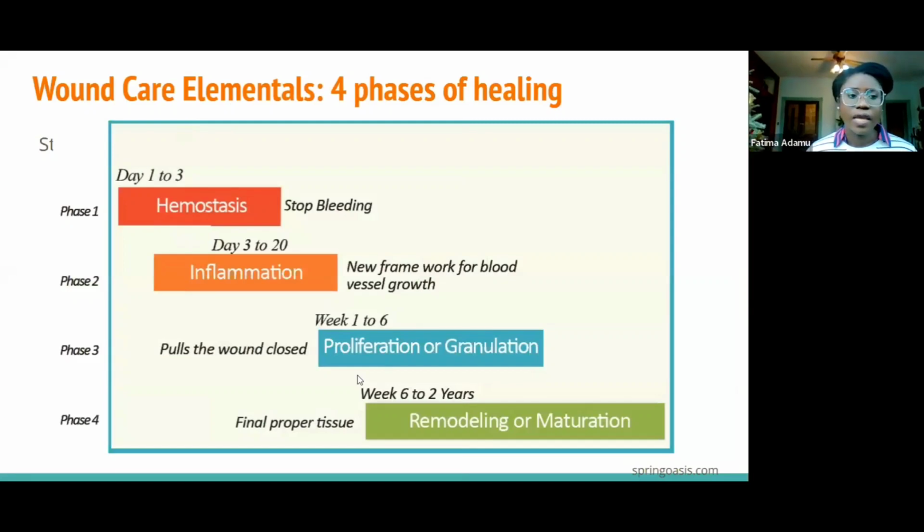Okay. And wound healing, wound care, it's very important to think of the phases of wound healing, right? Days 1 to 3, when the wound is fresh, you're primarily dealing with stopping bleeding, right?